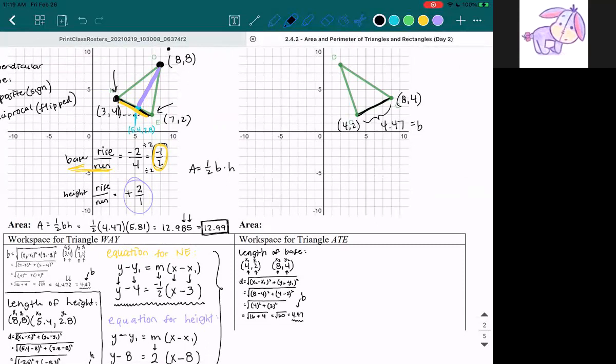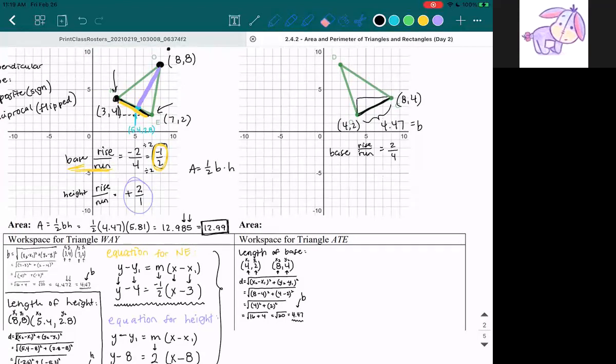Okay, and then we can calculate our height by first calculating our base slope. So the base slope is rise over run. So to get from one point to the other, how far up do we have to go? How far right do we have to go? So if I'm going from O to G, it looks like I have to go up 2, and then I have to go right 4.